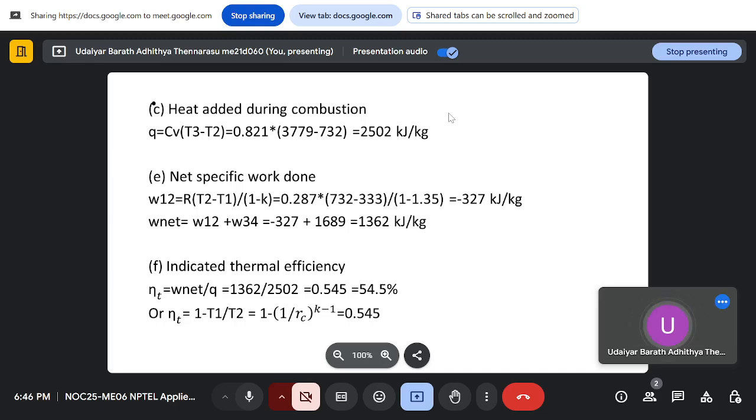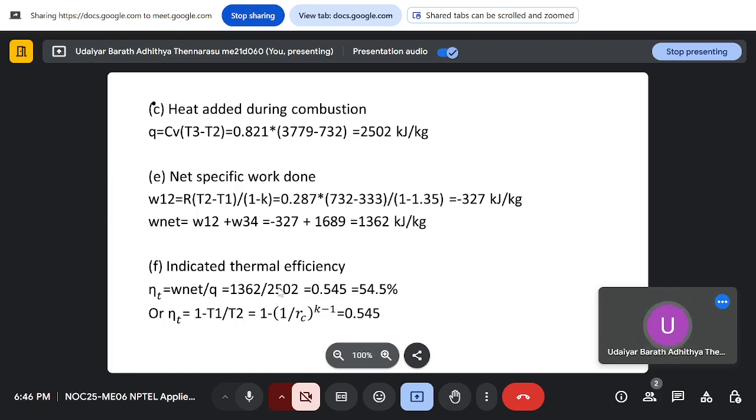So the net specific work done will be, the work during compression comes out to be 327 kilojoule per kg. So the net work done will be the power stroke work minus the compression work, which gives me 1362 kilojoule per kg. That is the net work generated, and indicated thermal efficiency is nothing but the work done divided by the heat added.